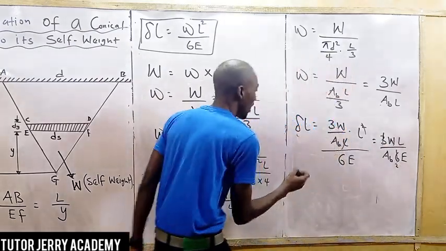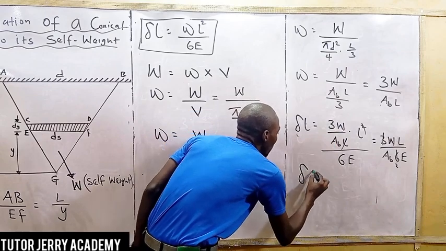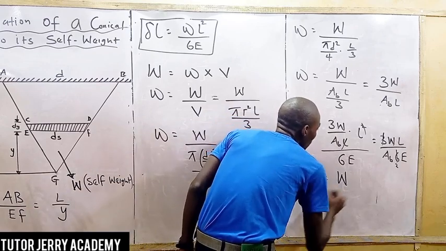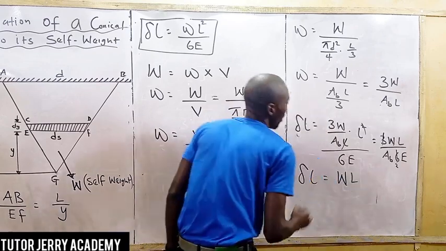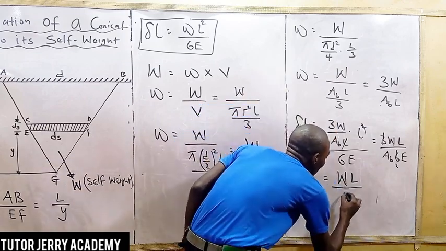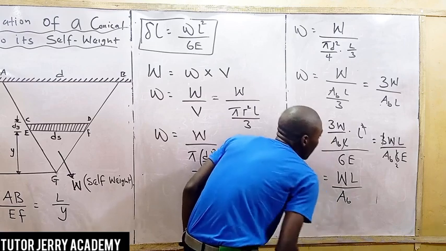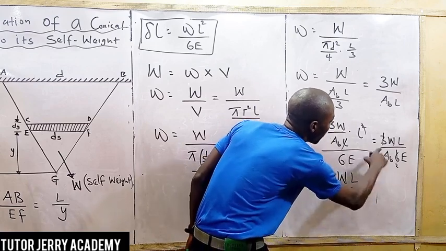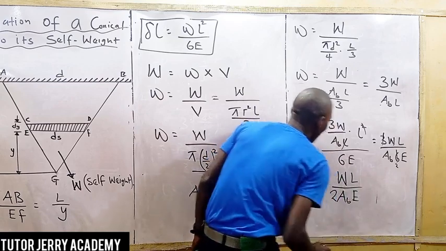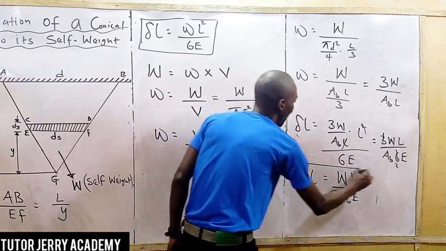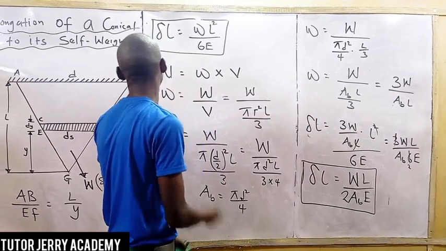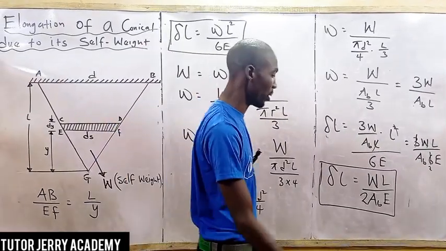So we can further rewrite this as the elongation equals the weight of the pole times length all over base area times 3E, that is 2E. This is another form of writing the equation of the elongation of the conical bar.